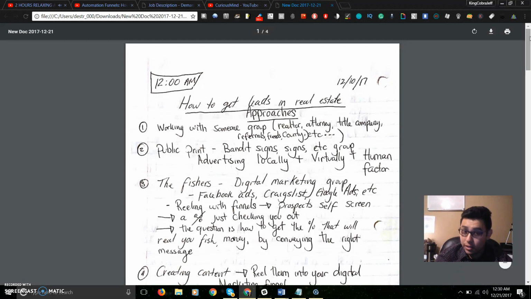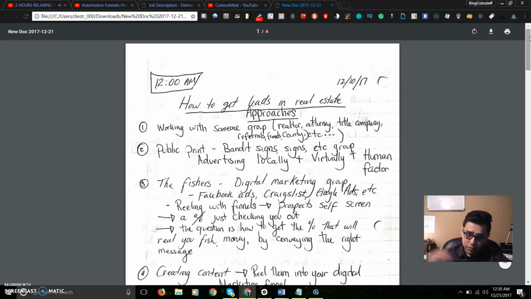Another one would be bandit signs, and I'm sure that you have seen them all over the place. We buy houses. There's one of those on like every street corner. So there is also that way, putting bandit signs everywhere.